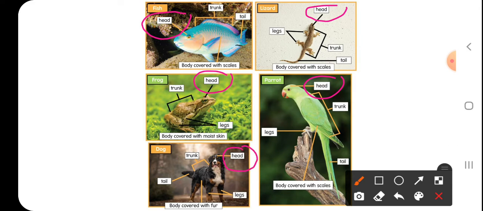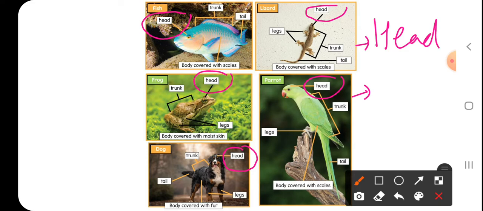So the common feature we are finding here is head. And one more common feature in all these animals is that they have an internal skeleton in their body. Their skeleton is present inside the body.